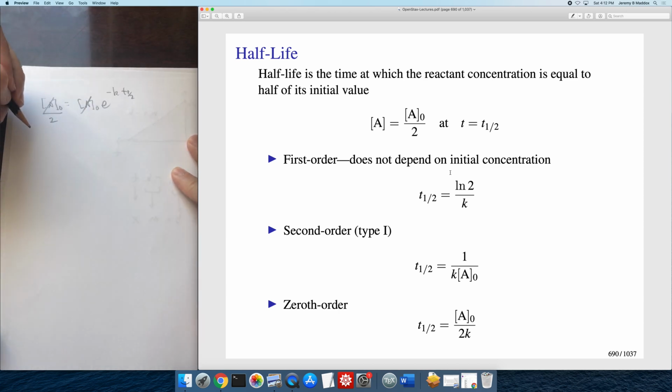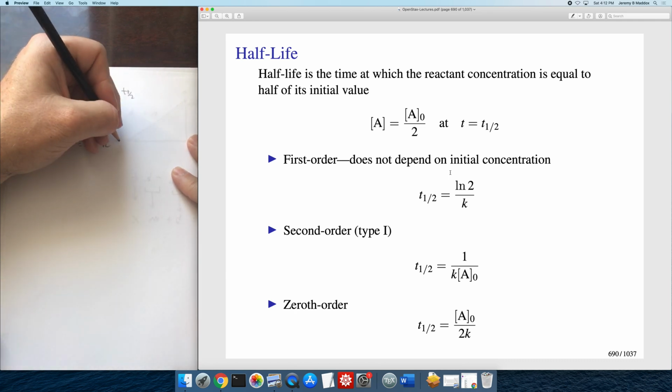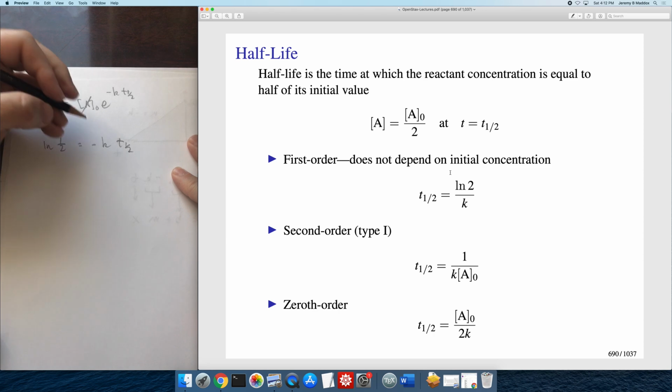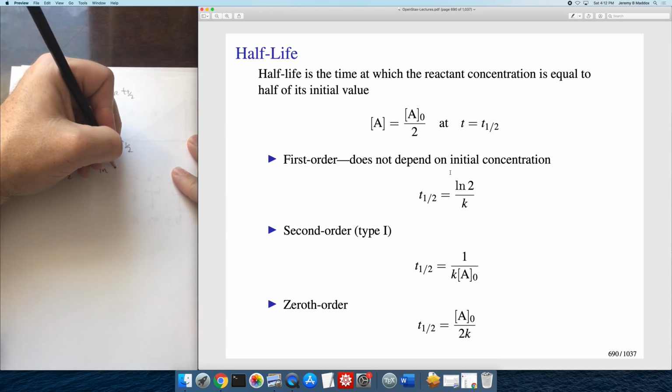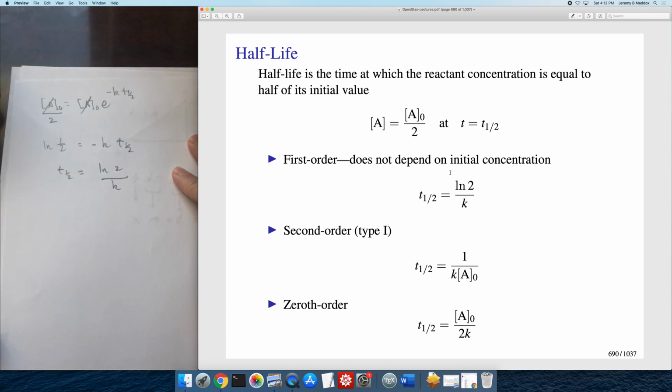We see that those cancel. We'll have the natural log of 1/2 equals minus k t 1/2. We'll rearrange it, make use of some rules of the logarithms, and we get this expression here, which is what you see on the screen.